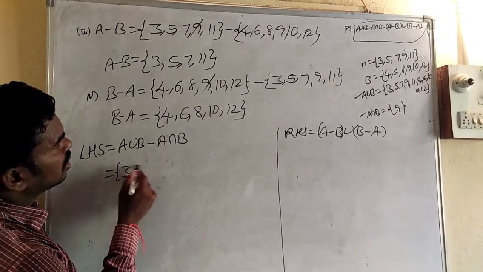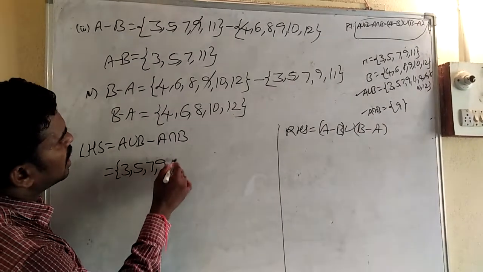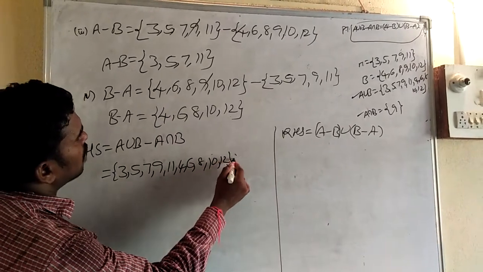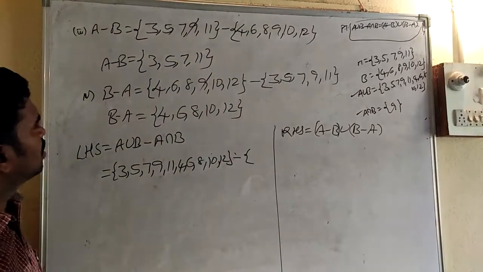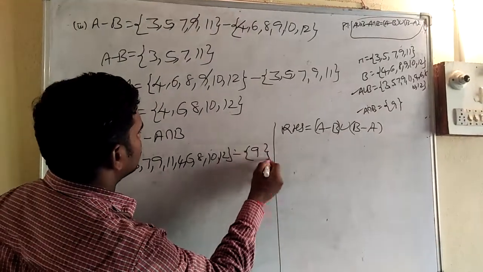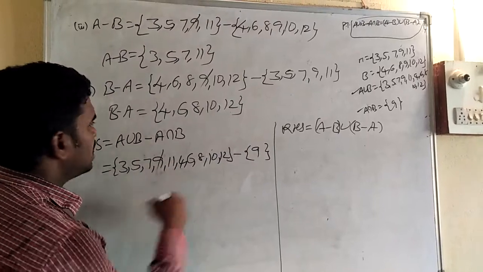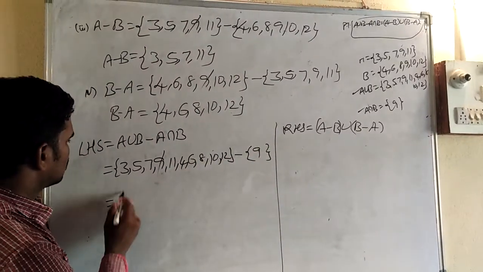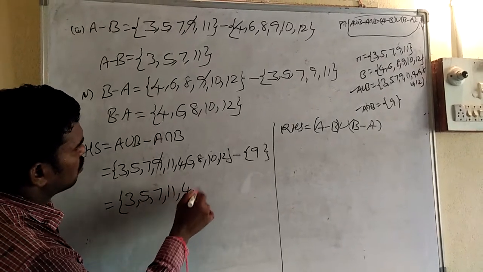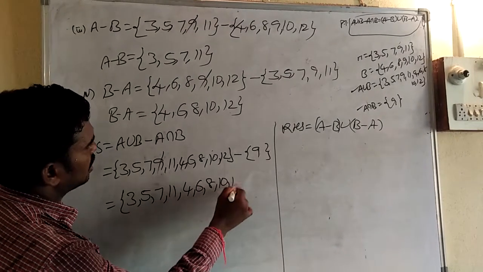Just now we have done: 3, 5, 7, 9, 11, 4, 6, 8, 10, 12. Minus A intersection B. What is A intersection B? 9. So 9 is there in that. Remove this. What is remaining? 3, 5, 7, 11, 4, 6, 8, 10, 12.